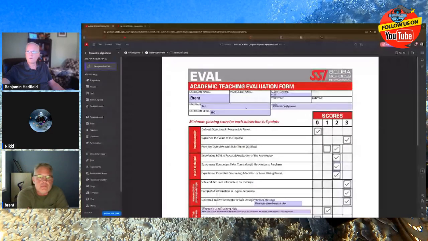Can I ask a question first? Sure. On the evaluation criteria, does it tell you that you have to score a minimum of 5 in every category? Yes. In fact, if you'd like, I pulled it up, but I'm not seeing that the minimum score in the category is 5. Right up here at the top in the big red letters: minimum passing score for each subsection is 5 points.